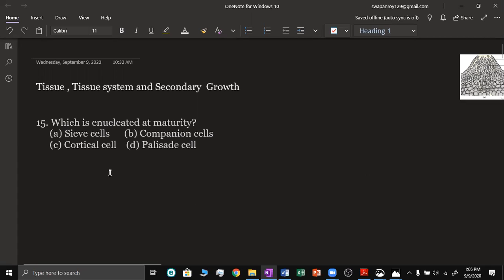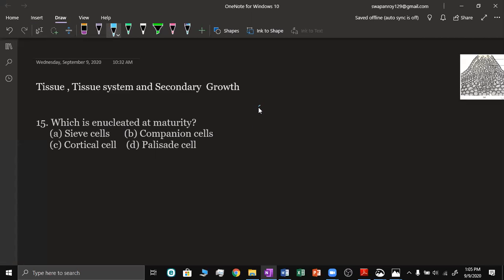So our first question is, which is enucleated at maturity? The cell without nucleus.